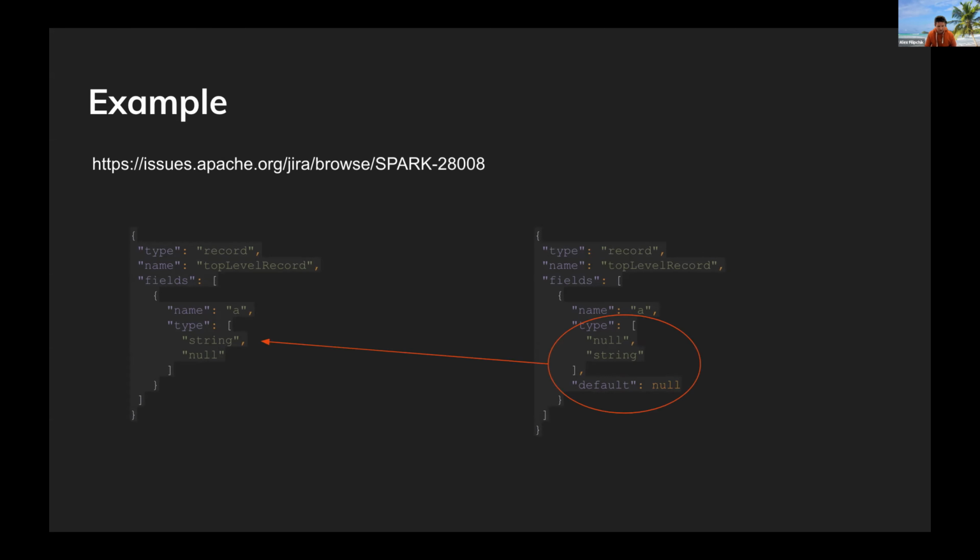There is an issue which has been sitting for a while in Spark land, so we had to work around it. There's also a work in progress PR on GitHub which demonstrates a way to work around it by rewriting the schema on the fly and fixing all those issues. But again, as a community, we need to figure out what we want to do and then fix this.